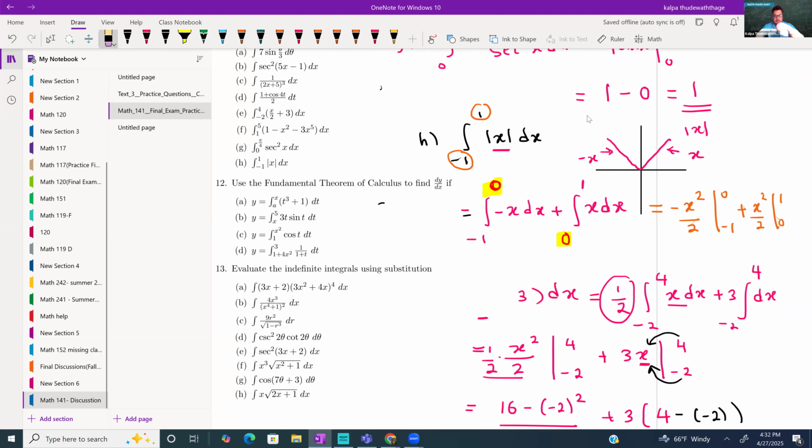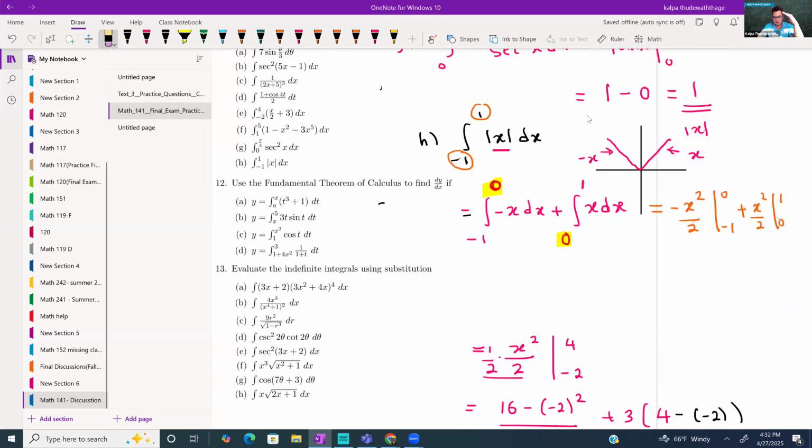You have to keep in mind that modulus x is not one function between minus 1 and 1. It has two pieces. From negative 1 to 0, the piece is negative x. From 0 to 1, you have to consider the piece which is x.